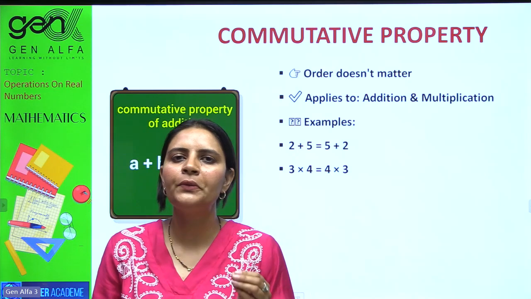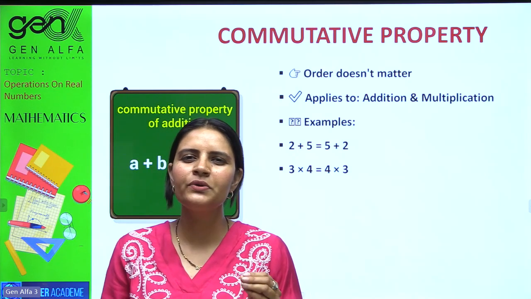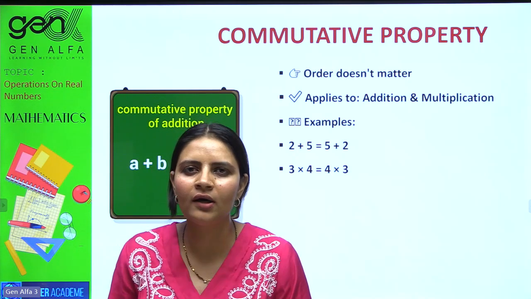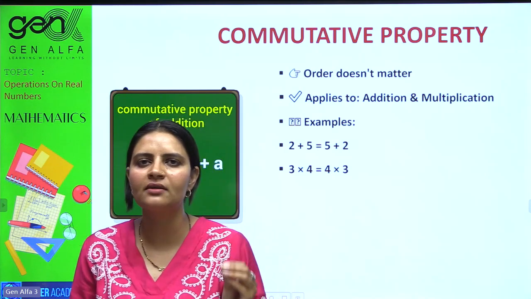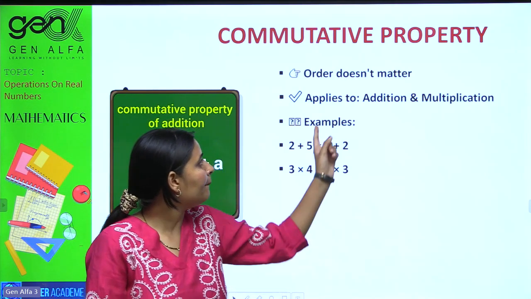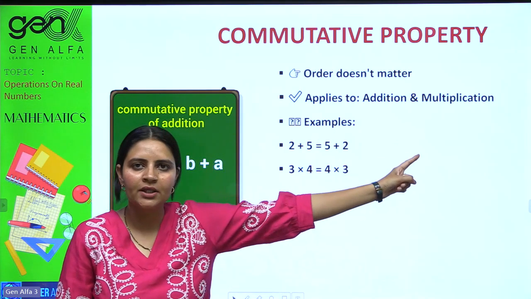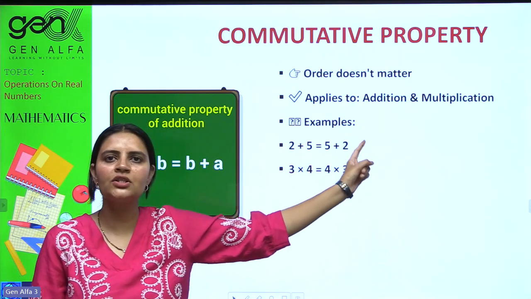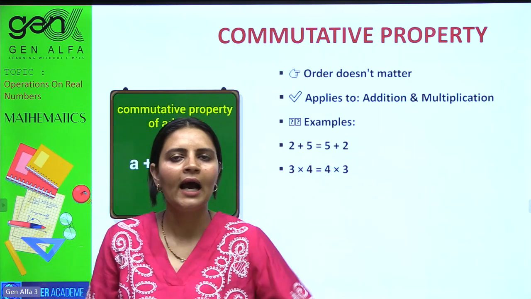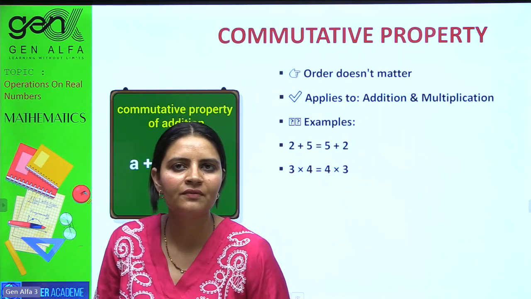Now here, commutative property. Commutative is nothing but the order. Order does not matter here. It applies to addition and multiplication only. Just note it down, addition and multiplication only. I'll show you why not subtraction and division.